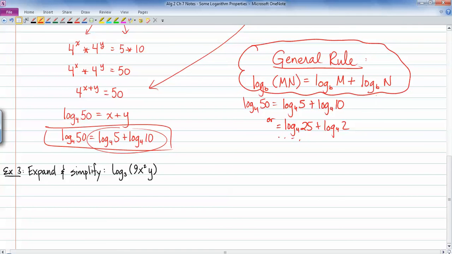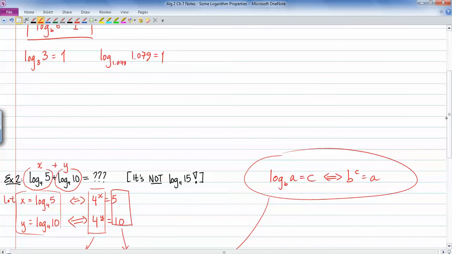Another thing that comes up with this is maybe you see some problem that says, let me use a different number, log base 7 of 7x, and it says expand it and simplify it. Well, you can break up the 7x into a 7 and an x. So it becomes log base 7 of 7 plus log base 7 of x.